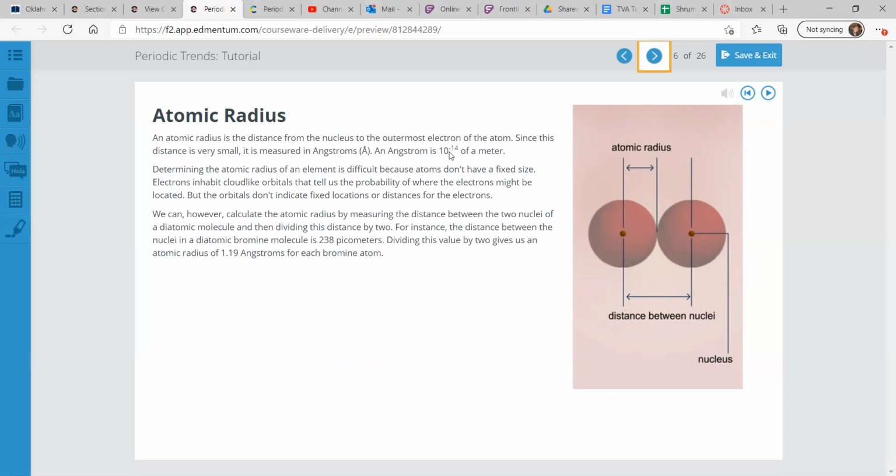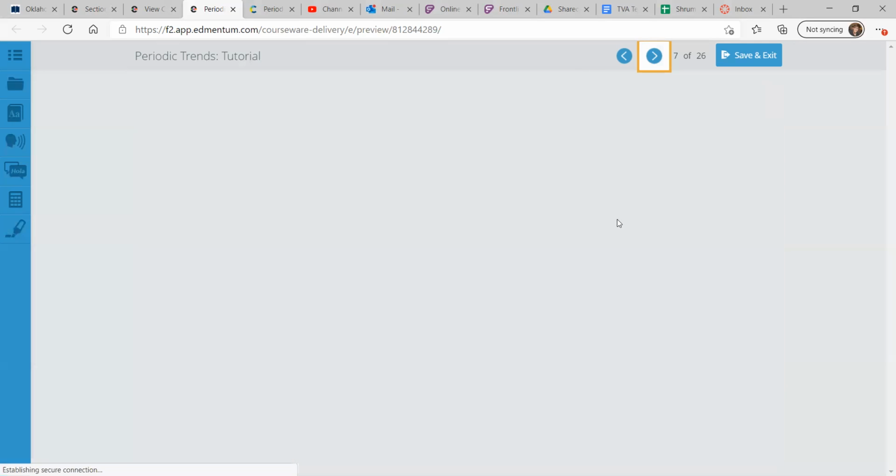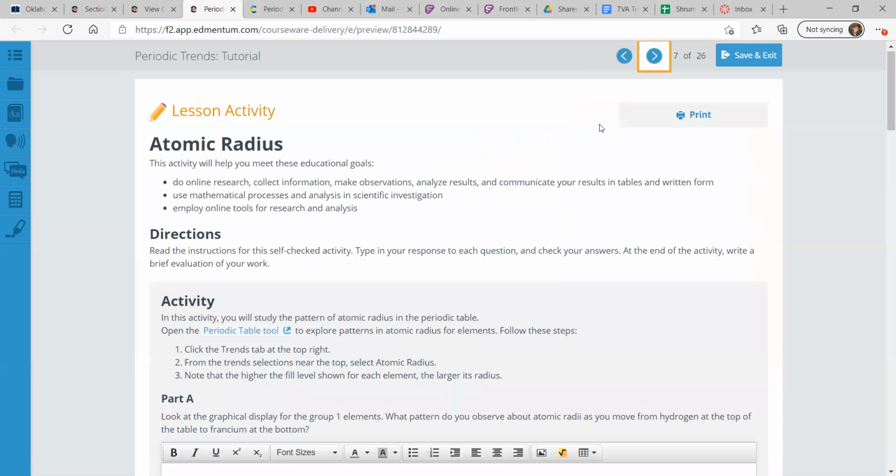Dividing this value by 2 gives us an atomic radius of 1.19 angstroms for each bromine atom. So if you find 2 atoms together, you can measure between the nuclei and divide by 2, since it's hard to measure between the outermost electron and a nucleus.